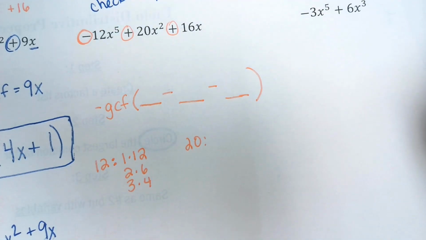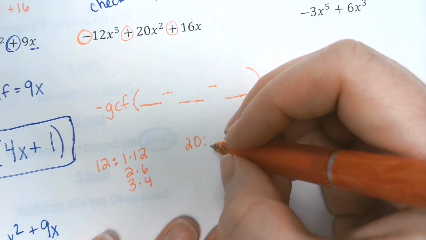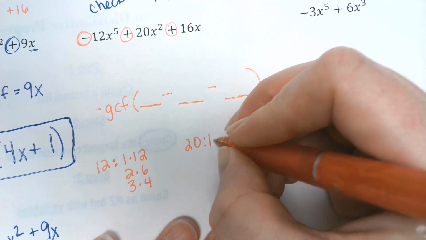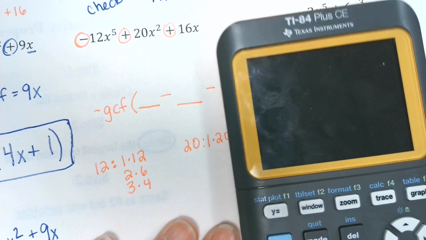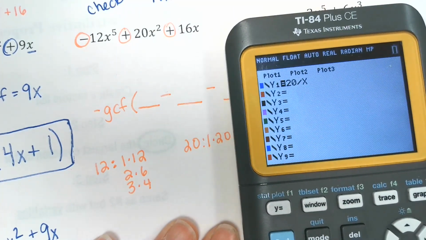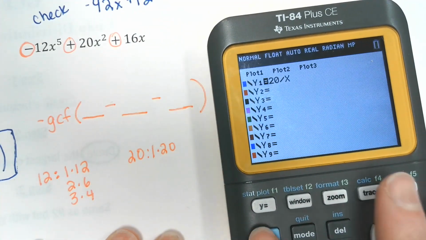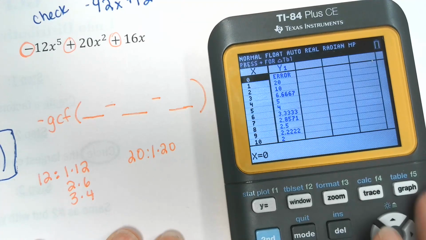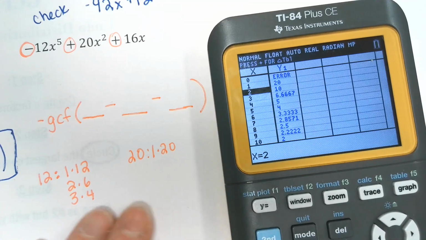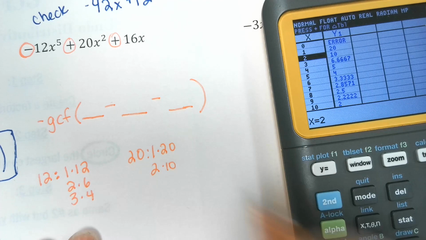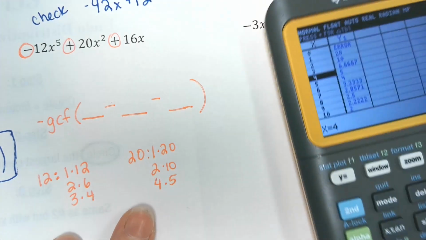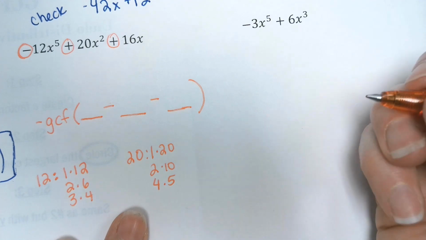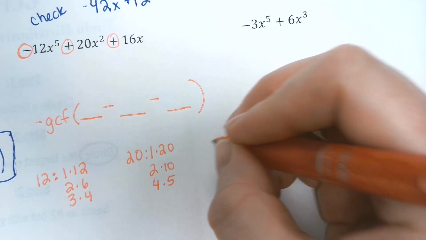Did we do 20 earlier? No. Maybe we did it another time. 1 times 20. So put it in. 20 divided by x. 1 times 20, 2 times 10, 4 times 5. And then it says 5 times 4. Okay, so we're done.